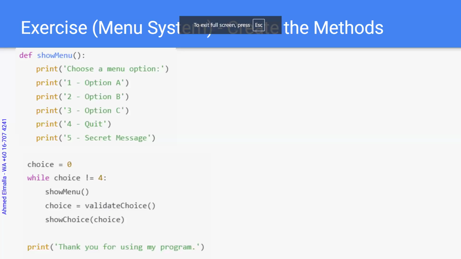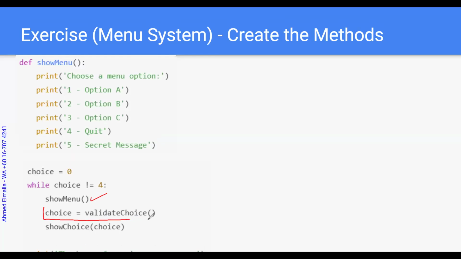So in the previous class, you actually managed to do this show menu, right? And then you tried to do validate choice. You remember? Yes, I'm sharing. Let me go to the Zoom place.